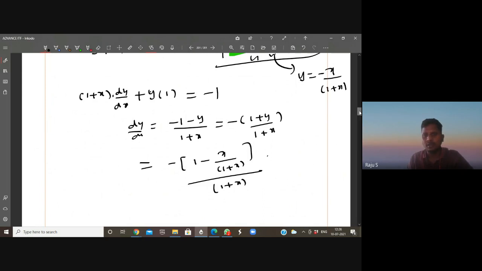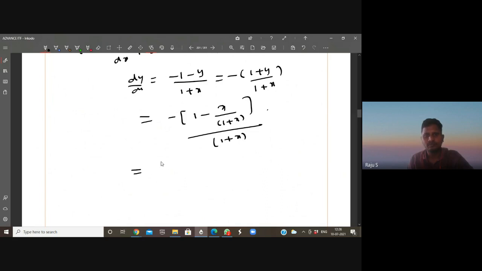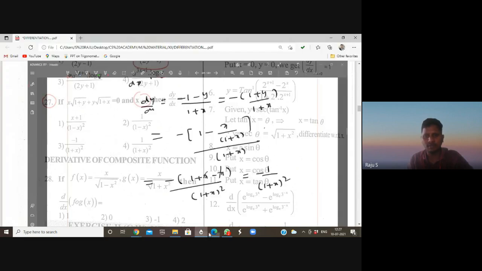Okay, right, take LCM. Minus of 1 plus x minus x by 1 plus x, the whole square. So finally minus 1 by 1 plus x the whole square is the answer.